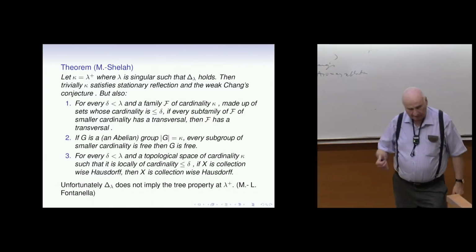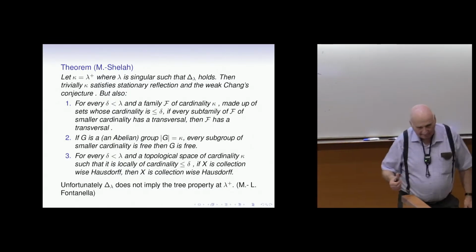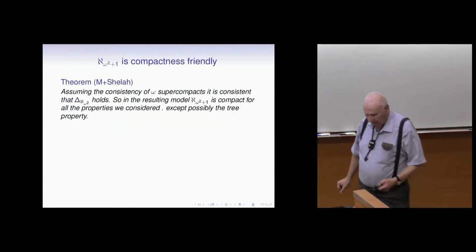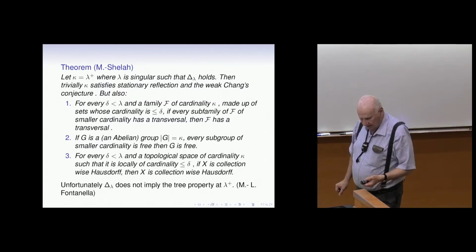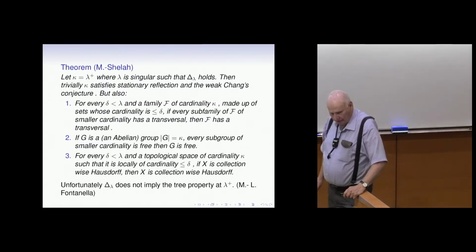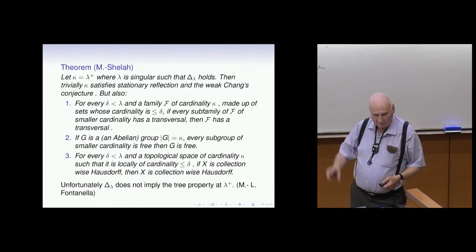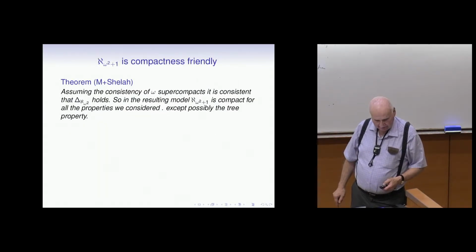Well, we got all the properties I listed before. We didn't list the tree property, and for good reason, because the result with Laura Fontanella shows that it does not imply the tree property at lambda plus. Almost. We'll talk about it.